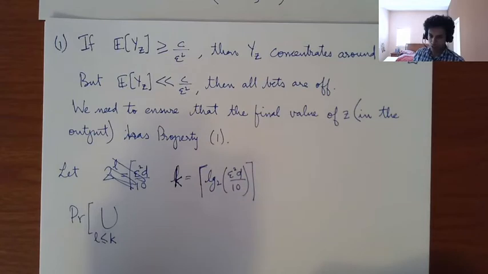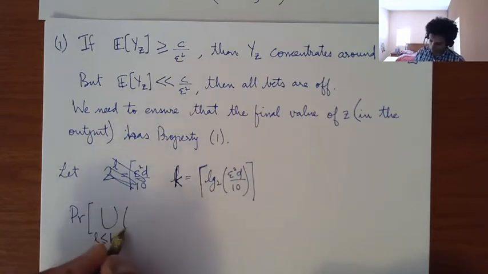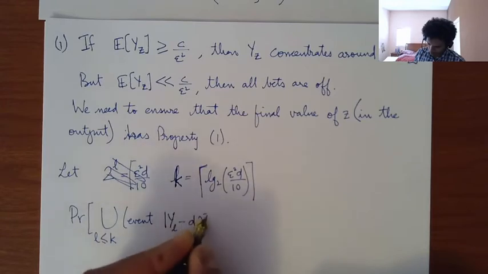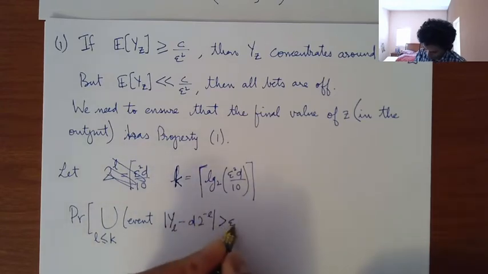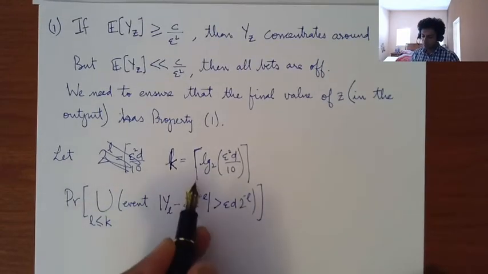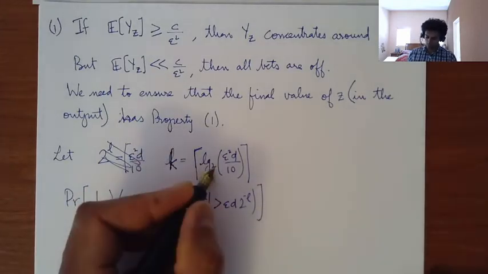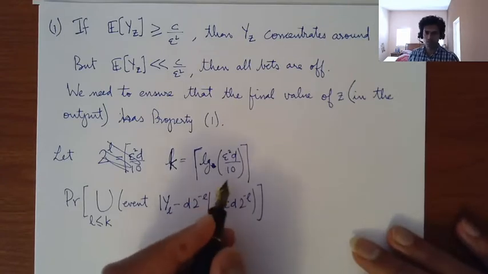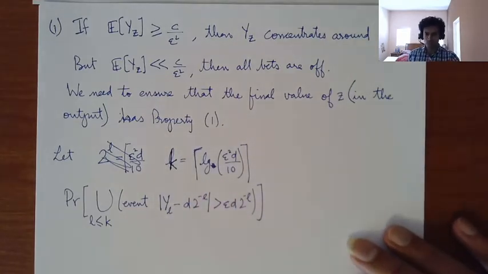So let us look at the following events. I'll say that the event is that y of L minus d times 2 to the minus L is more than epsilon d times 2 to the minus L. So let me fix some value of k, essentially the log of epsilon squared d over 10, and you'll see exactly where this expression is going to come in.